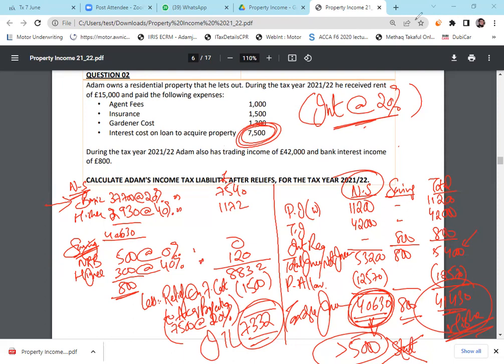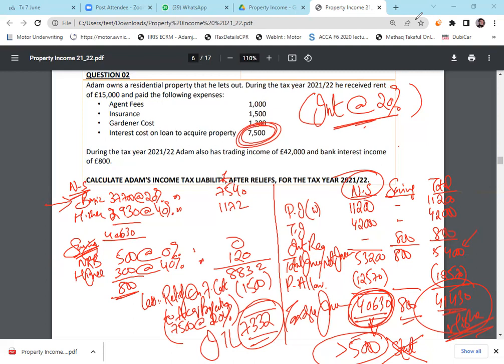Could you repeat that again? I said interest on loan to acquire property is not an allowed expense in property income. That's why we wrote zero, right or wrong? Yes. But it's a reducer in income tax liability.